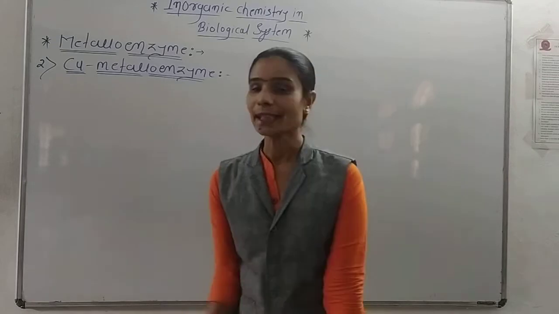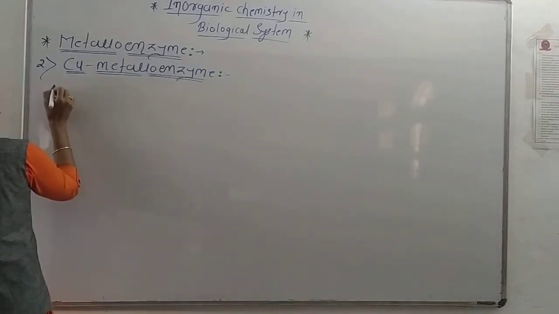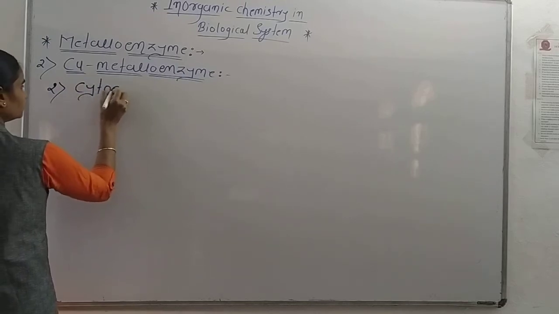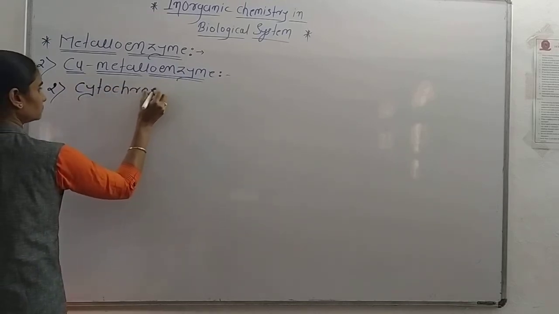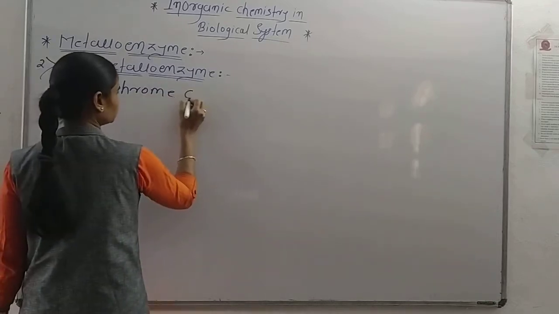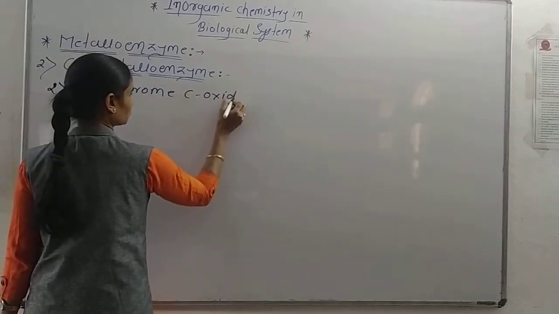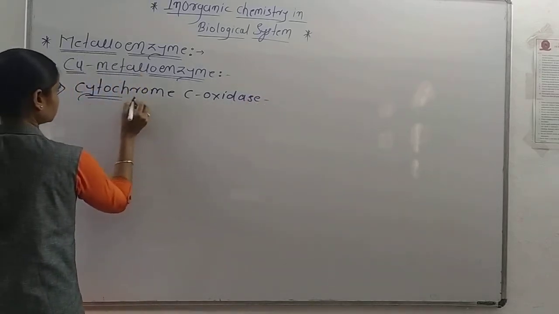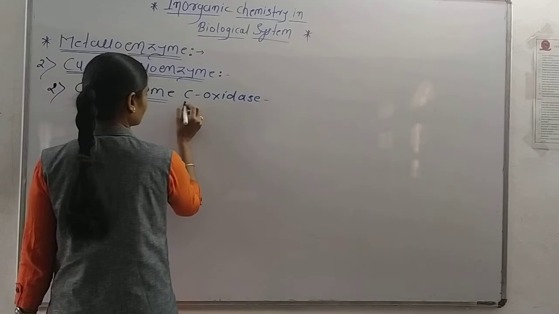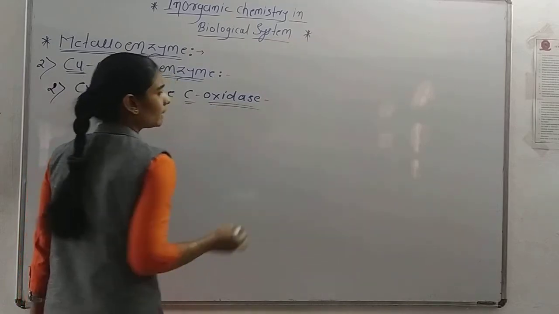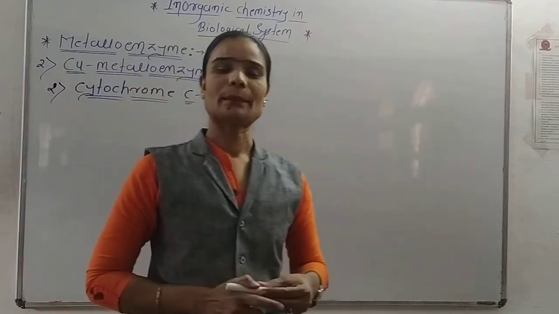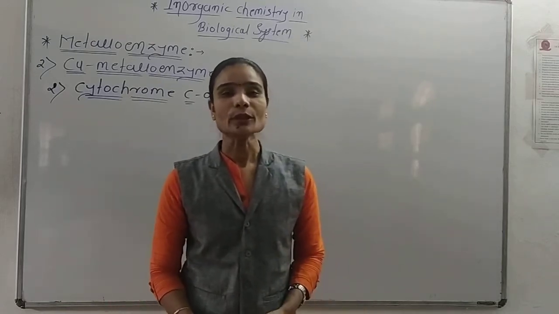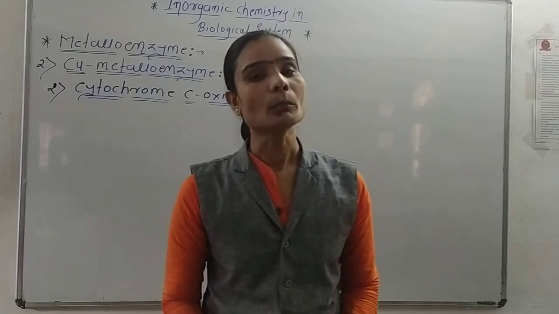Now, the second copper metalloenzyme is cytochrome C oxidase. We know that metalloenzymes are enzymes whose active site has one or more metal atoms.